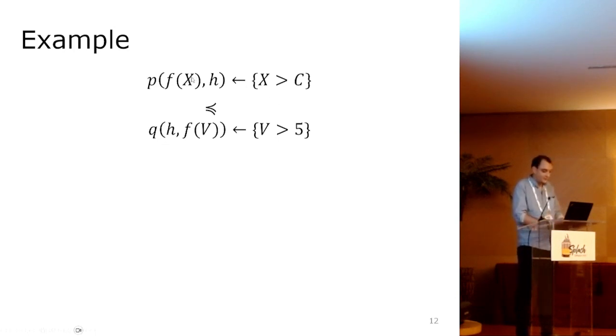Then, still considering the same mappings, the same substitution, we can map also the literal appearing in the body. So by the definition, the first clause is more general than the other.